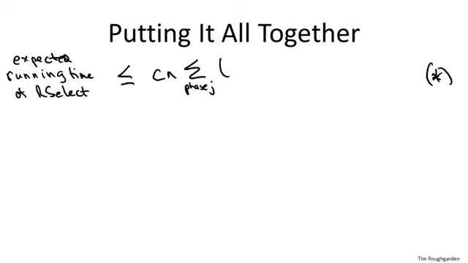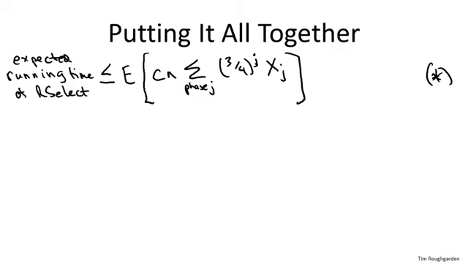So let me just yank the c and the n out front. Then we have this residual sum over the phases j of 3/4 raised to the j. Remember, that comes from our upper bound on the subproblem size during phase j. And then, of course, we have to keep track of how many phase j subproblems we got to solve. That, by definition, is X_j.